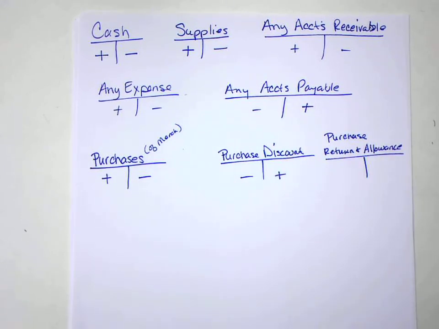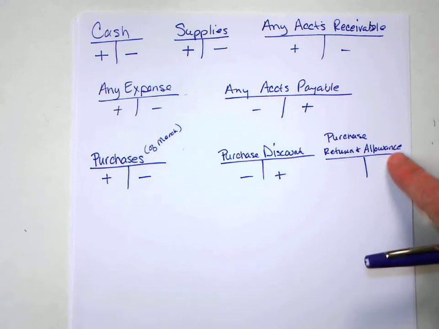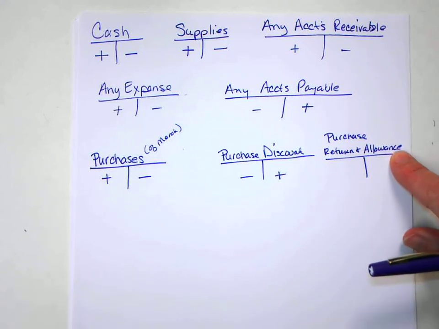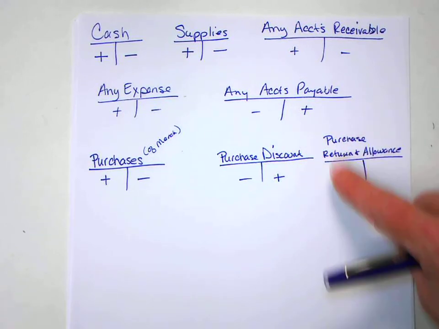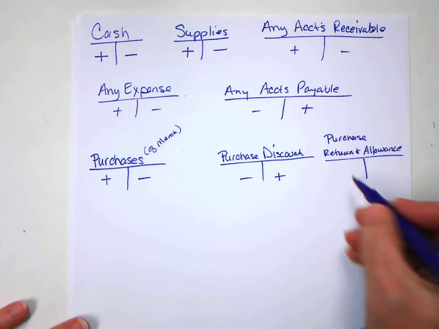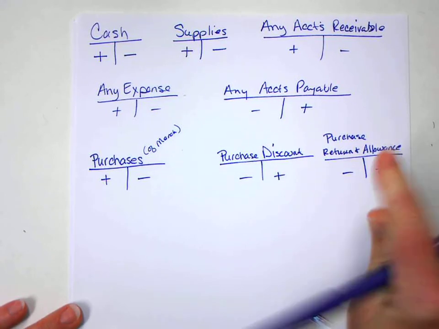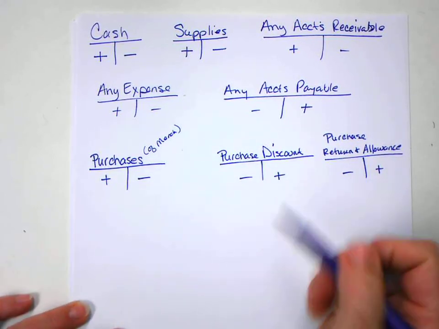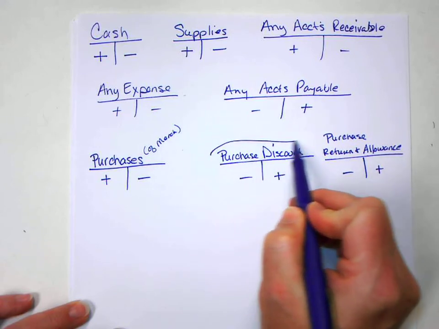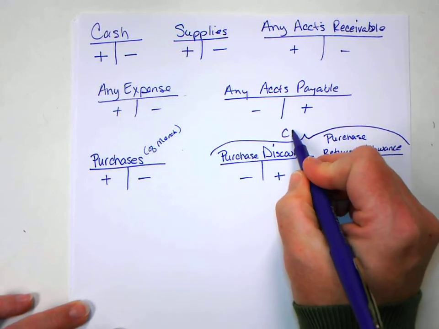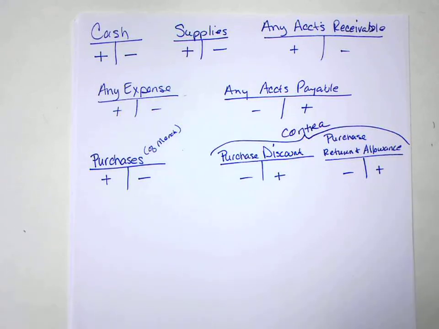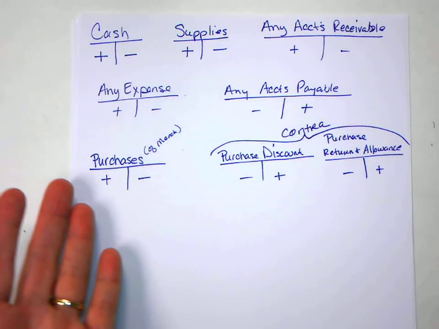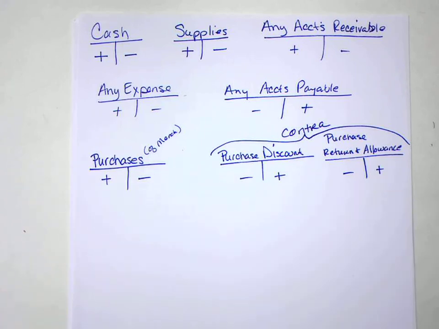Maybe it's broken and we're not even going to send it back. It's not really a return, but the company's going to give us an allowance for that because it's not worth sending back. So that's kind of what that account is used for. And it's also going to be the opposite of purchases. And again, these right here are called contra accounts, because contra is going to be the opposite or the reverse of our original account. Okay?